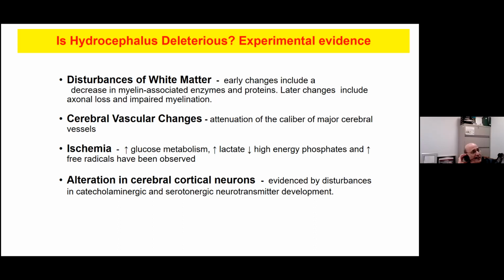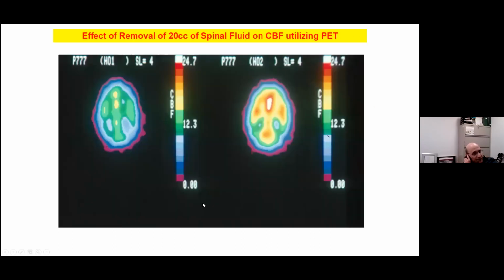And if there's one useful aspect of Doppler, it is that if you do Doppler of the anterior cerebral artery, you may see changes in the resistance, which will certainly precede the development of rapidly enlarging ventricles. And with ischemia, you get all sorts of changes, changes in glucose metabolism, lactate, high energy phosphate compounds, etc. And then finally, you can get alterations in cerebral cortical neurons.